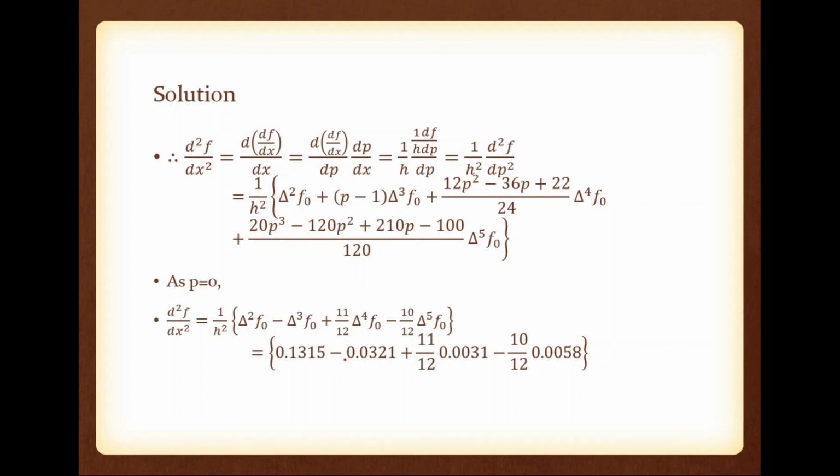So by solving this, we have 0.0974. So d square f by dx square at x equal to 1 is 0.0974. So this is the value.